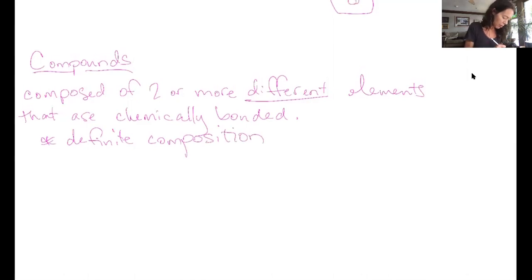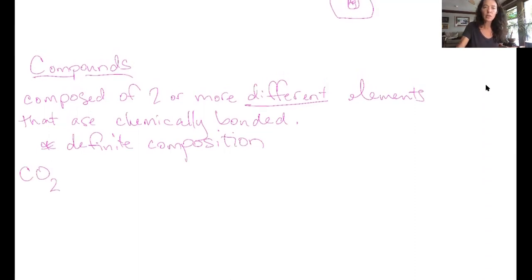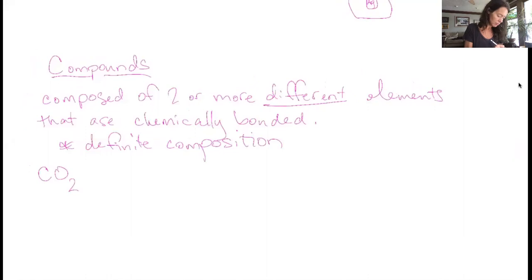So, some compounds, carbon dioxide. What I mean by definite composition is it's always going to be one carbon bonded to two oxygen atoms. That composition for carbon dioxide will never change.